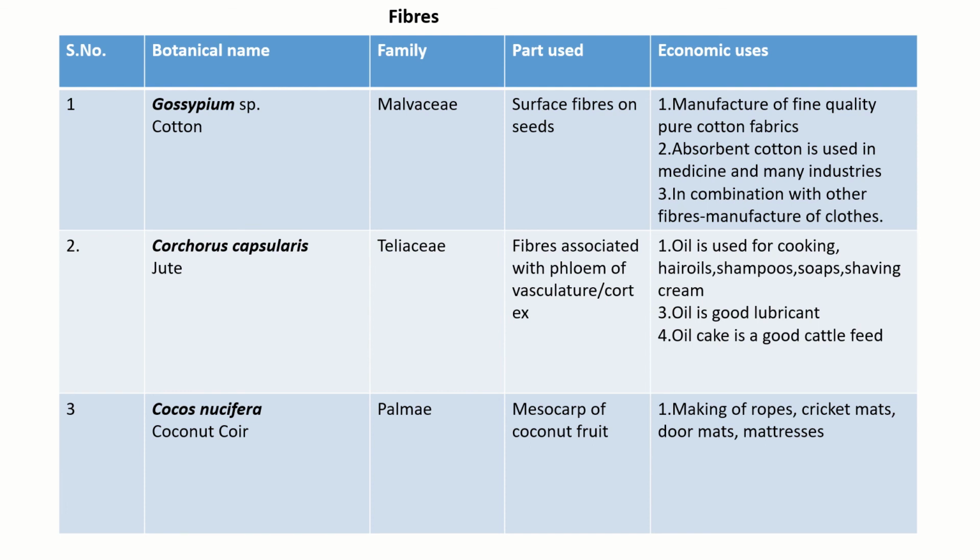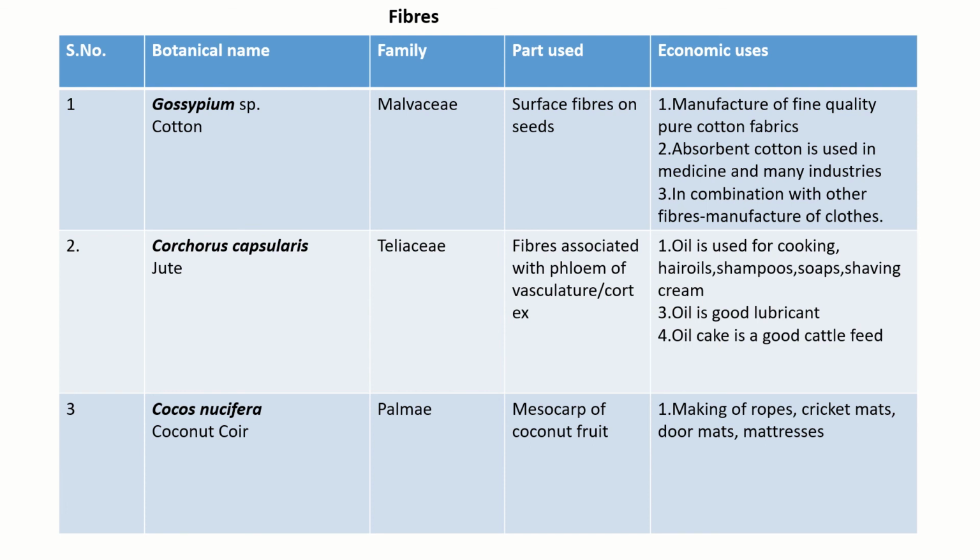Oil also acts as a very good lubricant, and oil cake is used for cattle feed. Now, this jute fiber here has huge economic uses. You all know it is used for making bags, making fabrics also. Jute is a very good absorbent of water, right? It's used in making those gunny bags. So jute has multiple uses.